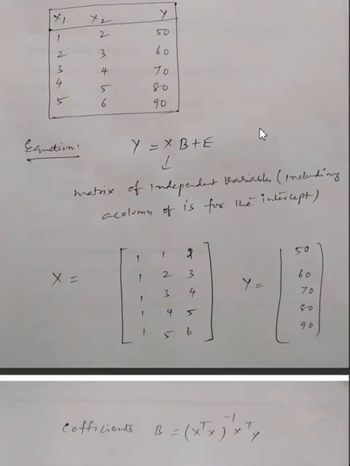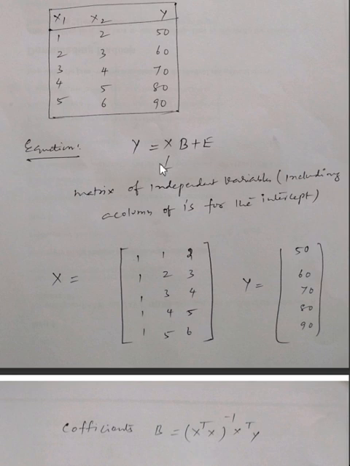We can also write that equation in another way, by using the matrix method. In the previous method we calculated the intercept and slope one way, and this is another way to calculate the intercept and slope to get the linear regression equation. Here, y equal to X into b plus epsilon, where epsilon is the error term.